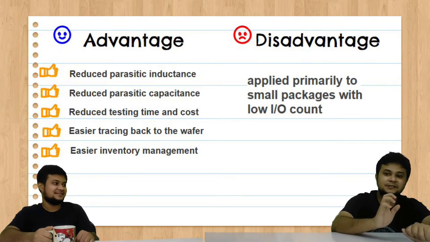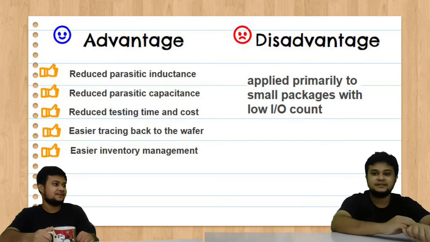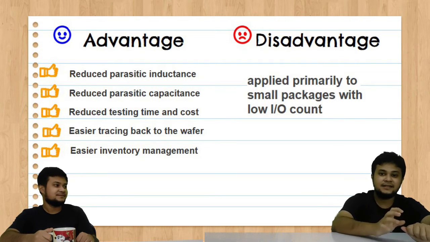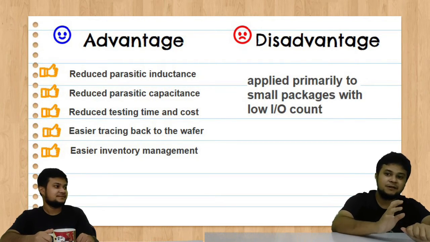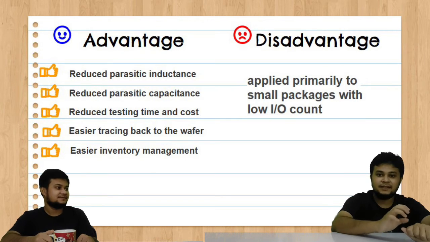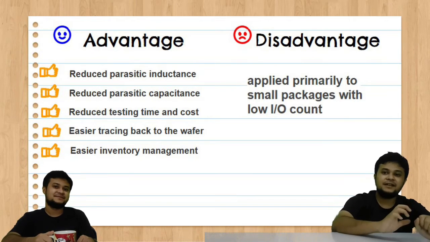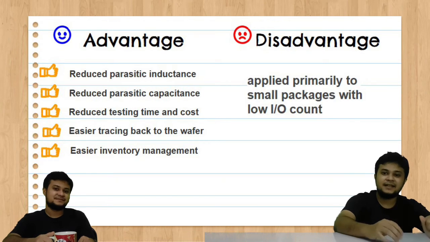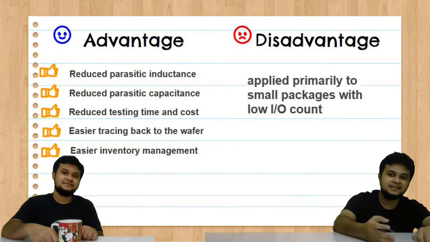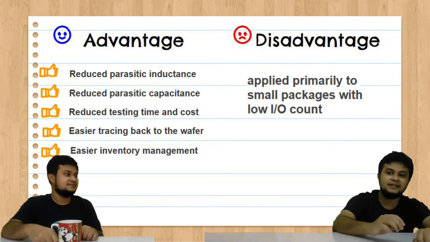Next is reduced cost per interconnection. Next, easier tracking back to the wafer. Next, easier inventory management. Tracking and managing inventory is much easier because all metallization, packaging, and testing procedures can be performed in the fab.